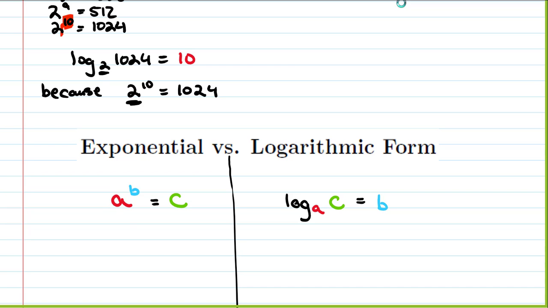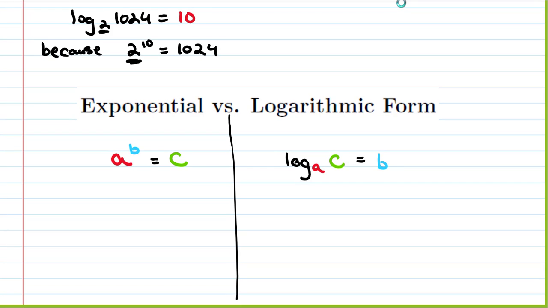So log base a of c is equal to b because that is the exponent on the base of a. So if we need to rewrite something in exponential or logarithmic form, we can interchange these two at will because they are equivalent. So a raised to the b power equals c is mathematically equivalent to the logarithm base a of c equals b.